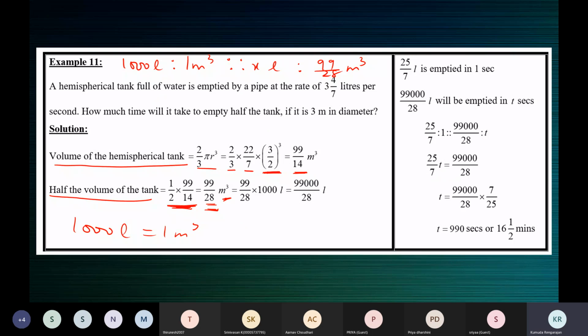We all know product of extremes is equal to product of means. 1000 liters is to 1 meter cube as X liters is to 99 by 28 meter cube. Keep that order correctly: liter, meter cube, liter, meter cube.